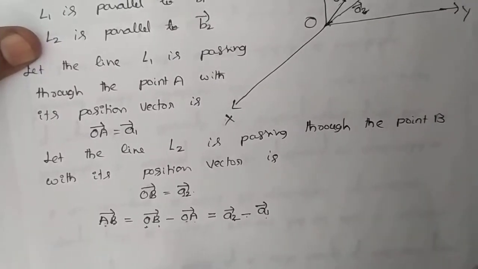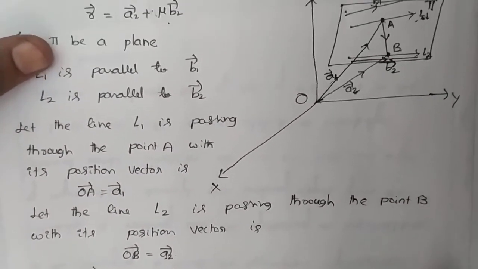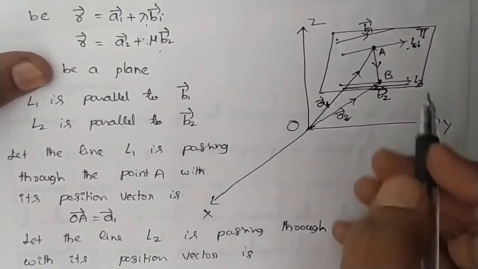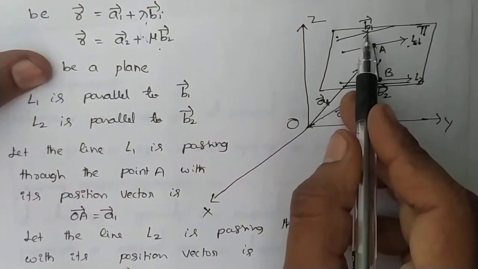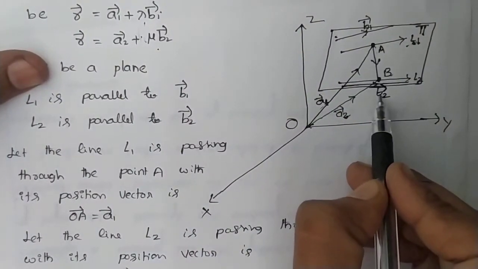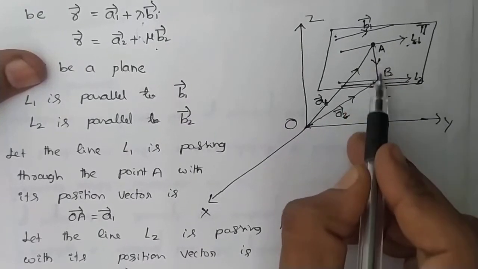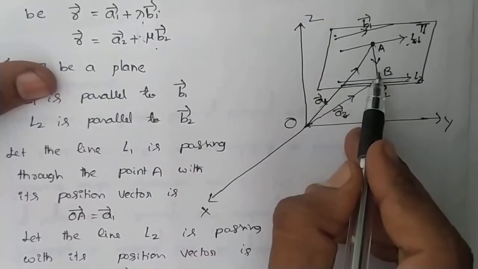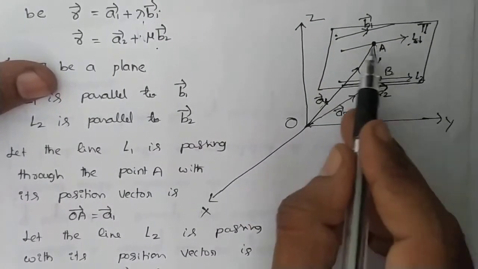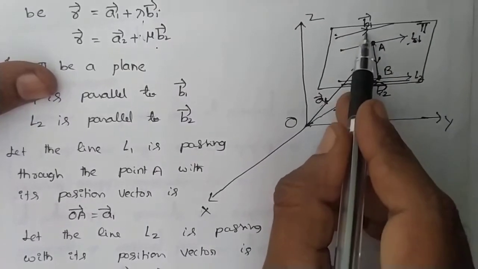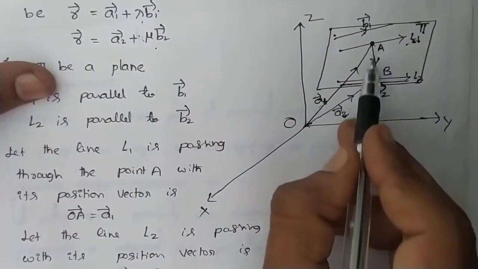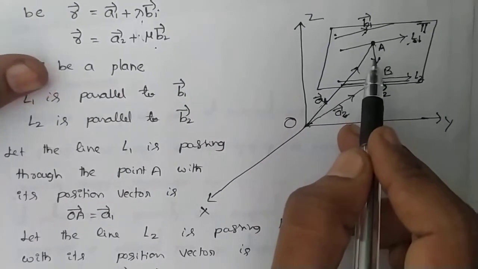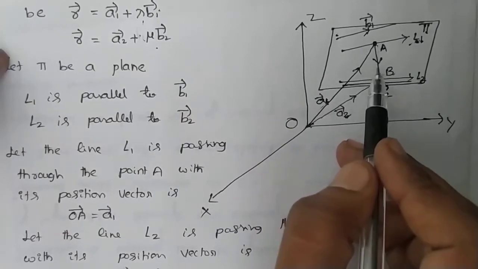You just observe the diagram of this derivation. Here we have three vectors on the plane: the B1 vector, the B2 vector, and the AB vector. B1, B2 and AB, these three vectors lie on the same plane. Then those vectors are coplanar.